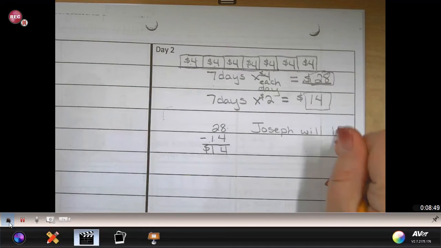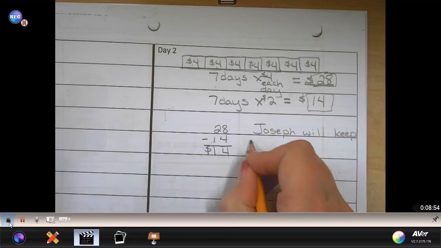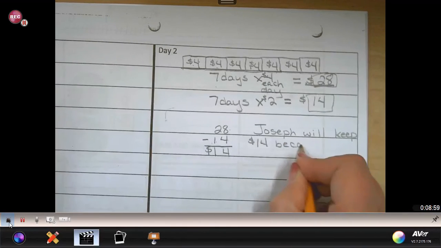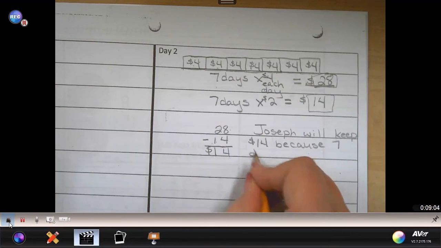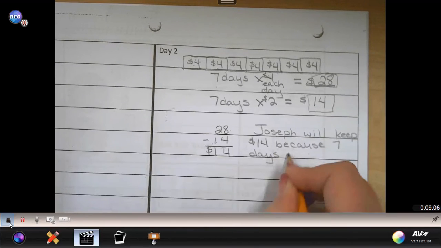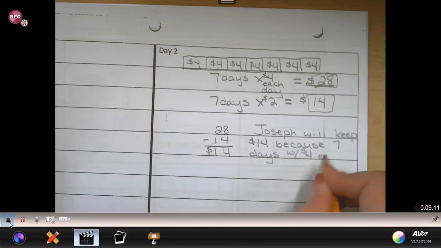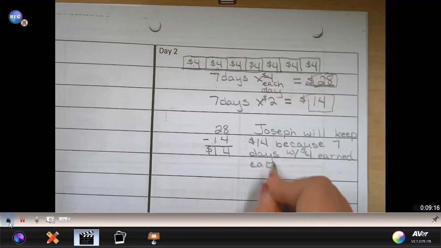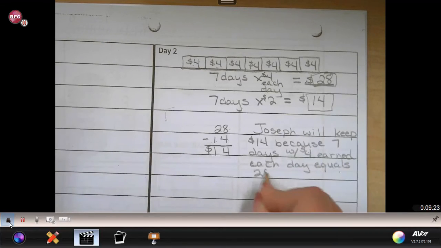and remember, we're writing this out to show our thinking. Joseph will keep $14 because 7 days with $4 earned each day equals $28.